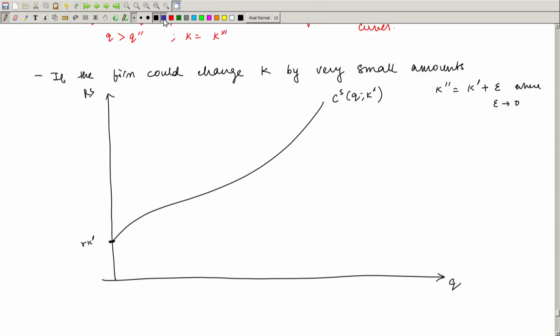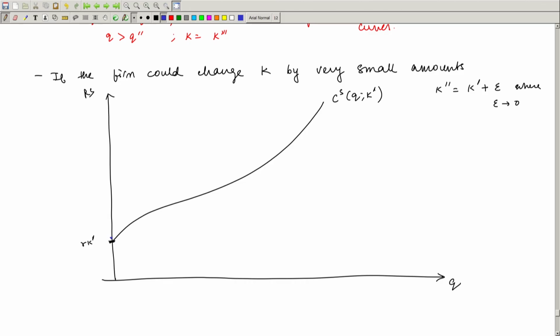So, instead of having a pronounced change, in the previous example I took r k prime somewhere here and then I had drawn the new blue curve, but now I will start with a fixed cost which is almost close to r k prime. In fact, I will just put a blue curve here, but notice it is going to almost coincide with the black curve.